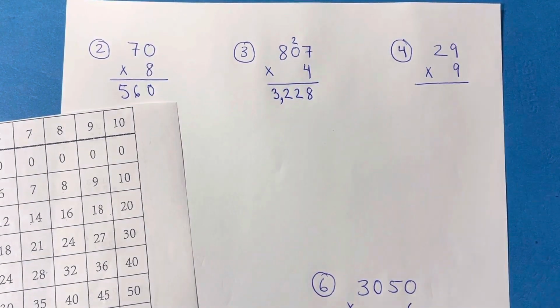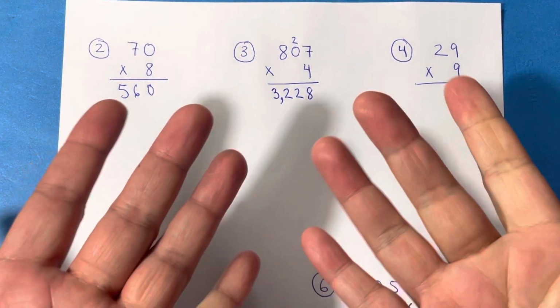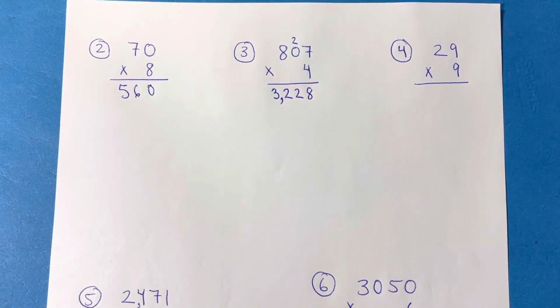For the next one, let me show you a trick with your hand. And I'm going to create a video with my hands to multiply numbers from 6 to 10, because that helps me even.